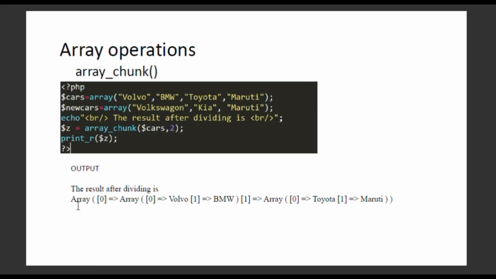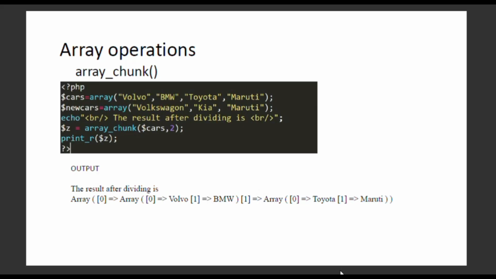Here you can see the first array contains Volvo and BMW, and our second array contains Toyota and Maruti. I have given the length, meaning the number of elements in each chunk, that is 2. That's why it divided the original array into 2 sub-arrays.